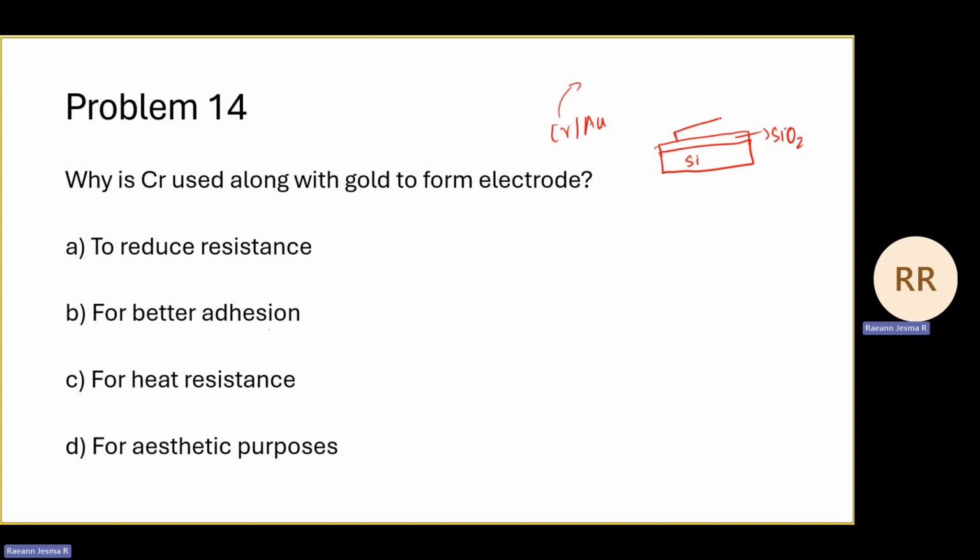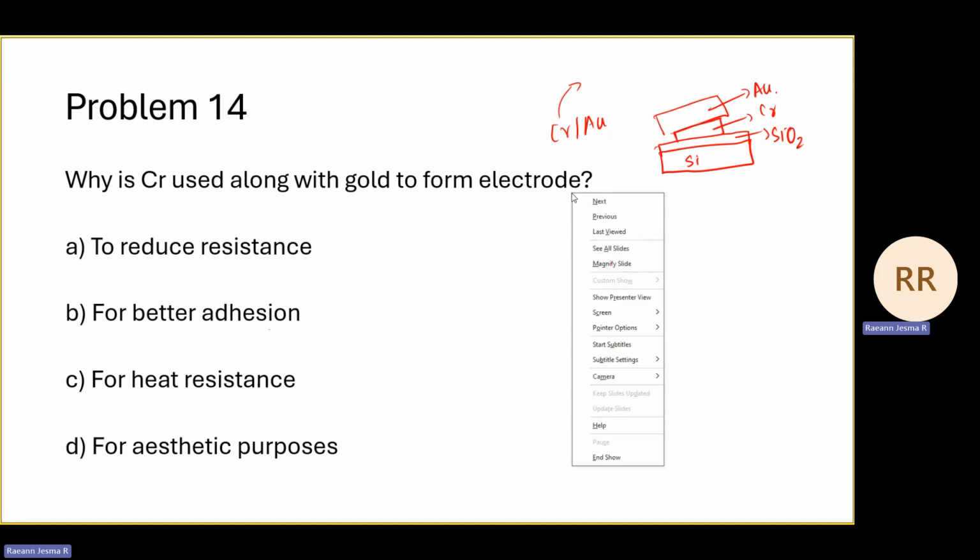What we'll do is we'll first deposit chrome, then we will follow it by deposition of gold. So why are we using chrome along with gold to form an electrode? Chrome is also a metal, right? We can deposit only chrome, right? Why do we need something additional like gold?